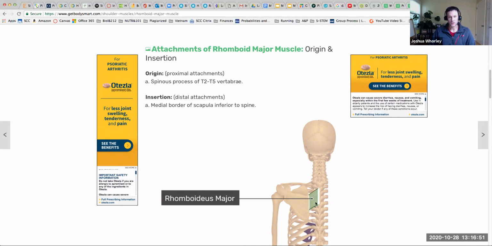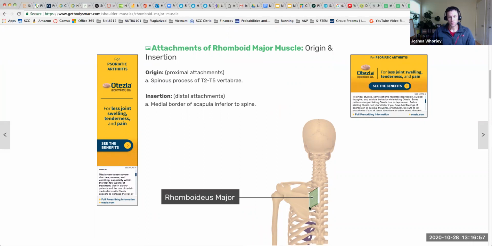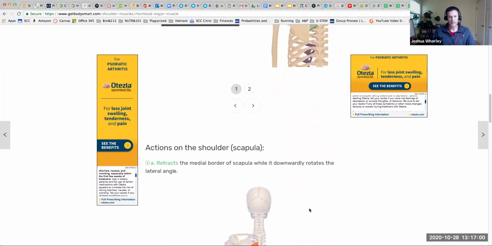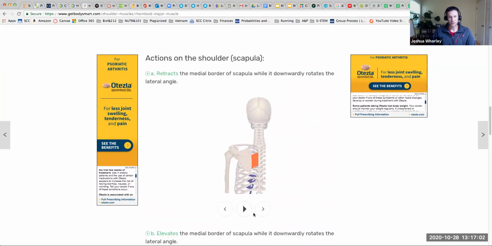And then the insertion is, again, the medial border of the scapula, but inferior to the spine rather than superior to the spine. So medial border inferior to the spine. And primarily retracting the shoulder. That's a major function, is pulling the shoulder in towards the medial part of the body, towards the spine.